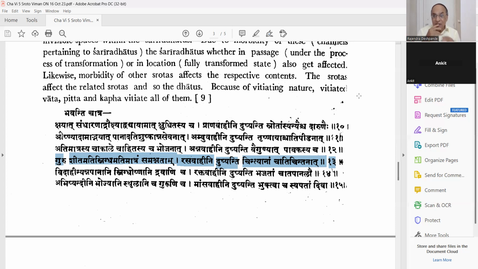So shita has a different meaning: food which is not freshly cooked is called shita. And shita property, cold property, is opposite to the agni. So it will destroy the agni. The people who are always drinking cold drinks, even in different restaurants where they cook lunch food, complimentary, and that is a cold one.